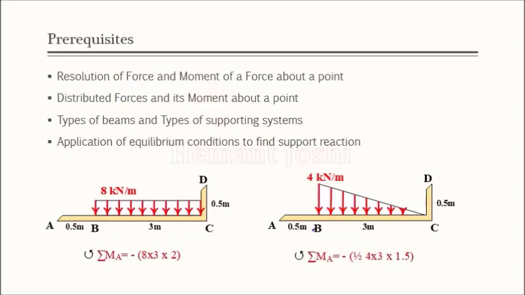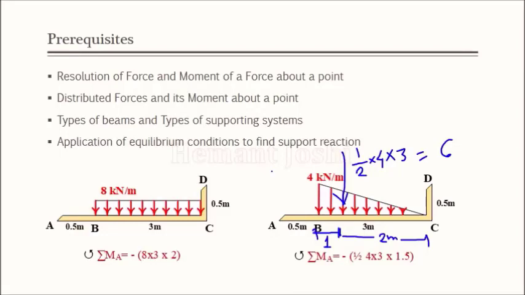So the distance from this point to the centroid point is 1 meter, and the remaining distance is 2/3, that is 2 meter. 2/3 of 3 means 2 meter. The total UVL acts at the centroid point, and for the triangular shape, the value will be 1/2 into the intensity, that is 4, and the base distance is 3. So this is equal to 6.